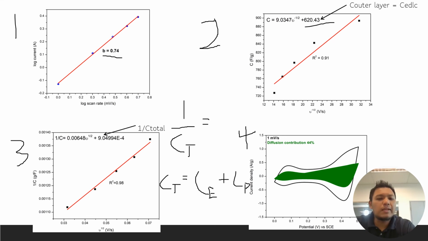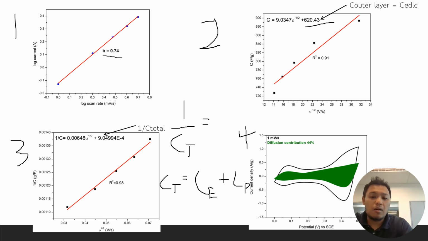The only difference is finding the contribution ratio, so this step is straightforward. You just plot two graphs, which is what is important: capacitance versus scan rate power negative half, and also 1 over capacitance versus scan rate power half. From both graphs, you can get your C ideal and also C total.